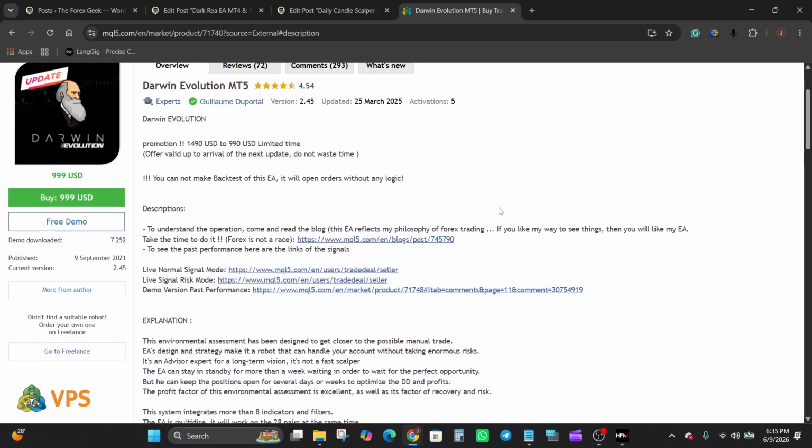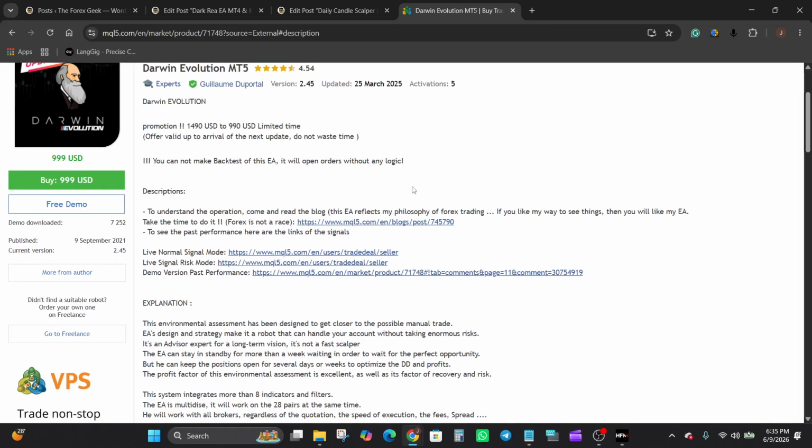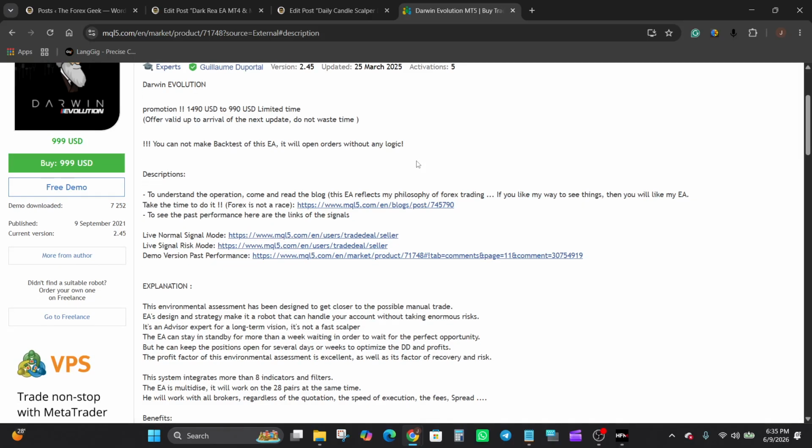Scrolling through the page, the developer positions this EA as something closer to a manual trading approach rather than a fast automated scalper. It is described as a long-term system that can sometimes stay inactive for extended periods, waiting for specific market opportunities, and then hold trades for days or even weeks, depending on conditions.